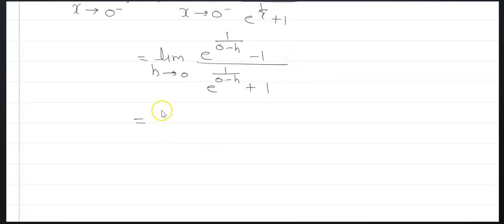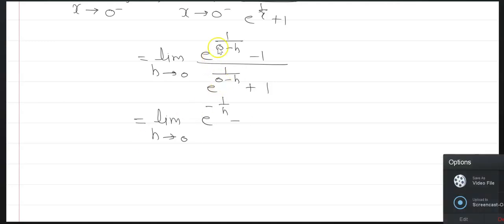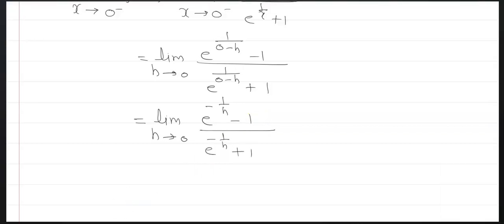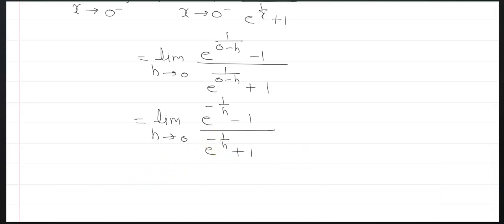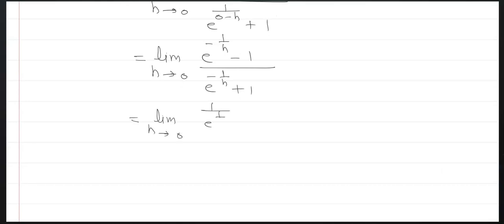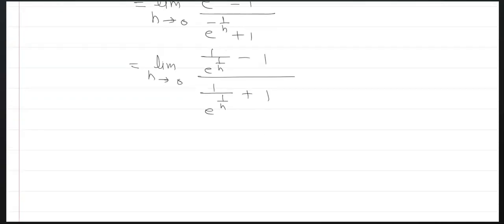Left hand side limit, as h tends to 0, e raised to 1 upon 0 minus h minus 1, upon e raised to 1 upon 0 minus h plus 1. That is the limit h tends to 0, e raised to minus 1 upon h minus 1, upon e raised to minus 1 upon h plus 1, limit h tends to 0, and that is equal.